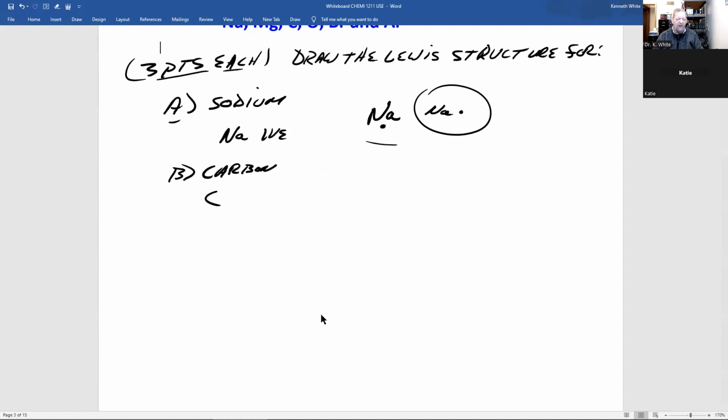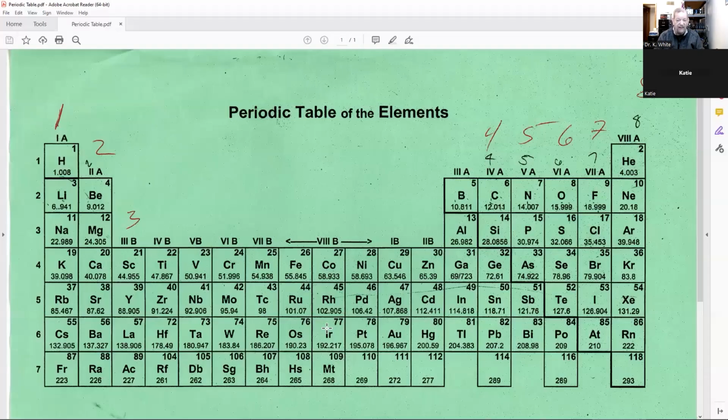You should know the chemical symbol for carbon is C. And now I'll go to my friendly neighborhood, not Spider-Man, but periodic table. Here's carbon, C. I look at the top, not the atomic number. That's not valence electrons, that's all electrons. I look and I see the number 4.